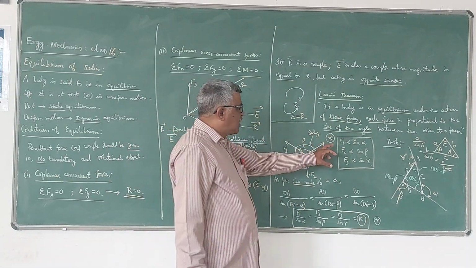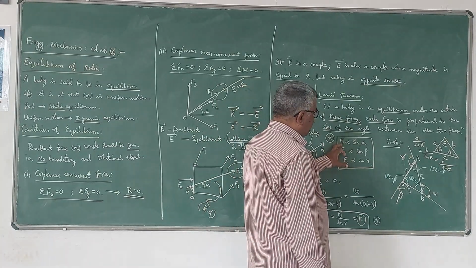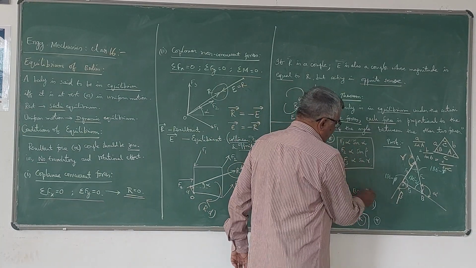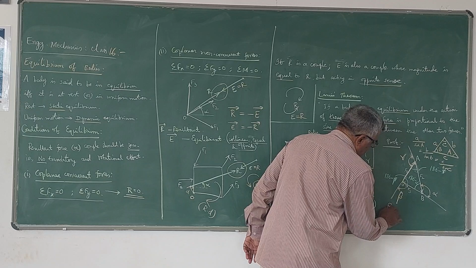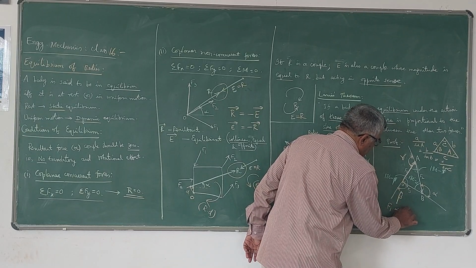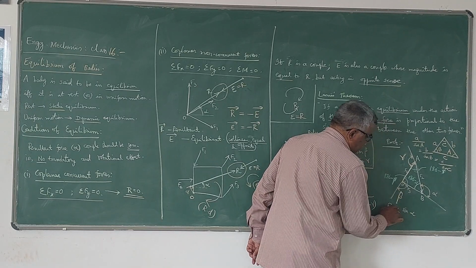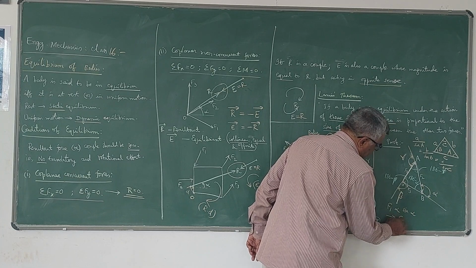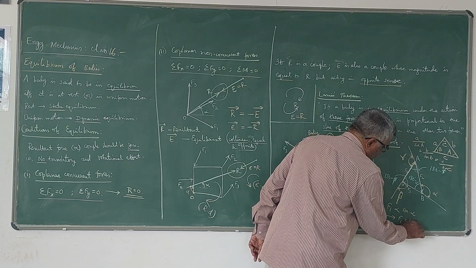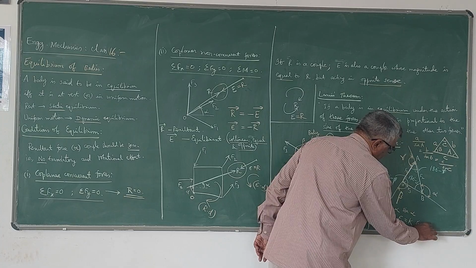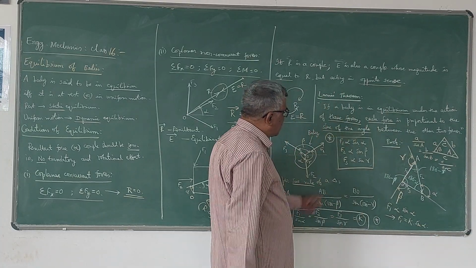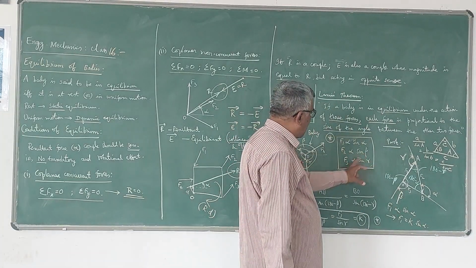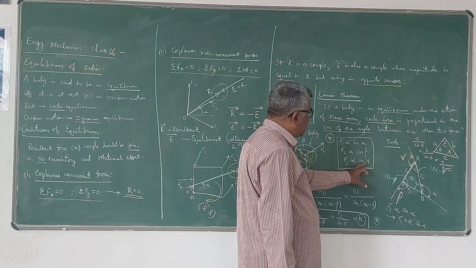Now here also, if you replace the variation symbol by an equation, F1 is equal to k into sin alpha. Like that it will come. Similarly, F2 is equal to k into sin beta, and F3 is equal to k into sin gamma.